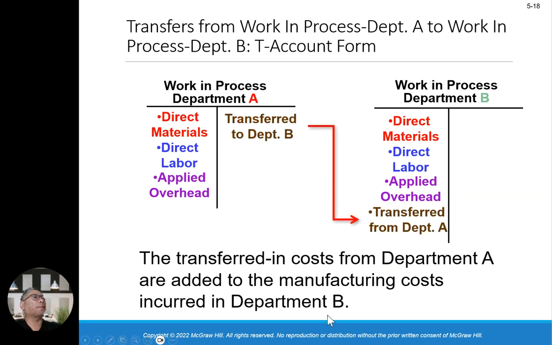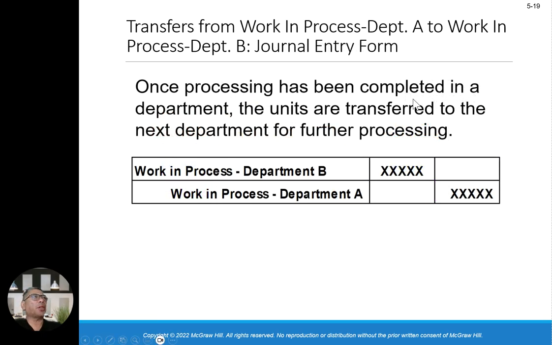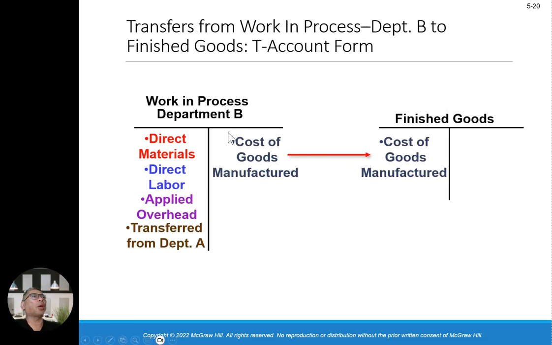There you go. Okay, this is how it goes on the detailed side, in the process flow. Okay. And then, once processing has been completed in the department, the units are transferred to the next department for further processing. Work in process department B, debit; work in process department A, credit. And then it's going to go all the way, cost of goods from department B, cost of goods manufactured, all the way here.